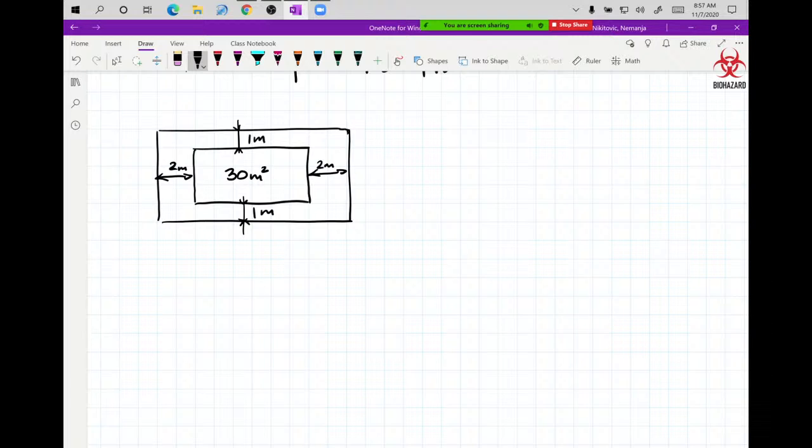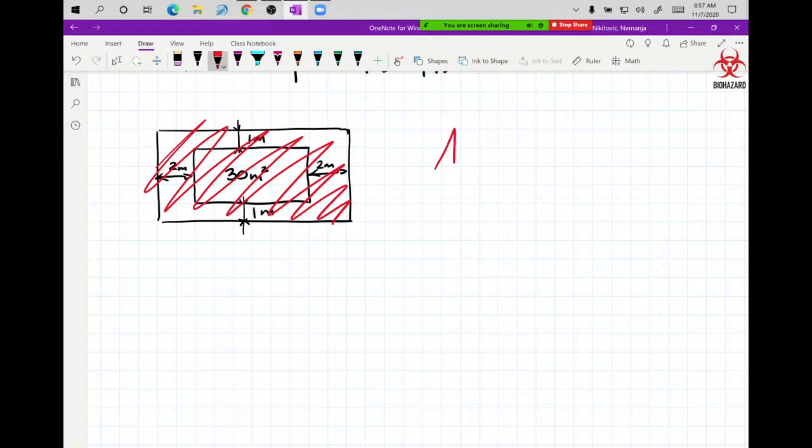When you minimize the surface area of everything and then you take away this 30, they want this to be a minimum, right? But the trick is that we don't actually have to solve area minus 30 equals minimum. We can just solve area equals minimum because 30 is a constant.